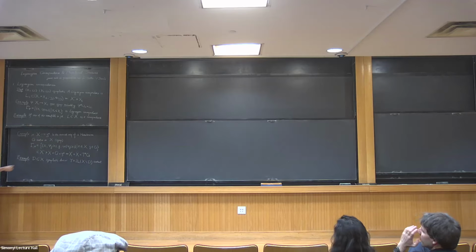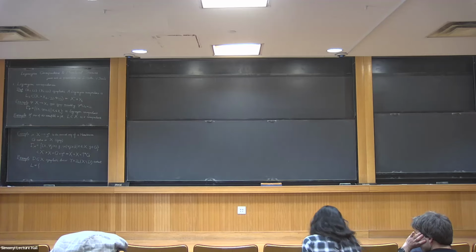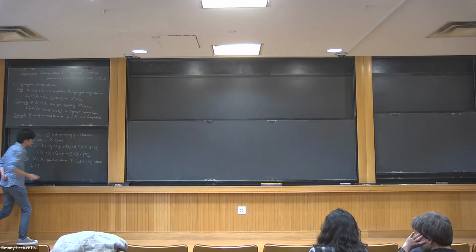And I can also write down a Lagrangian inside the product of X times the divisor. So I want to build some correspondence between X and the divisor itself. Okay, between X minus D and the divisor itself.